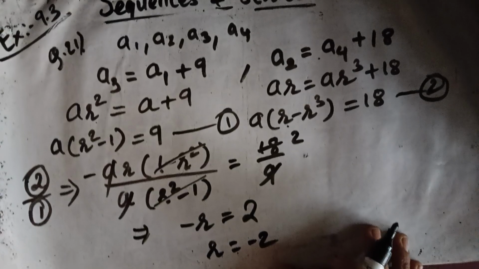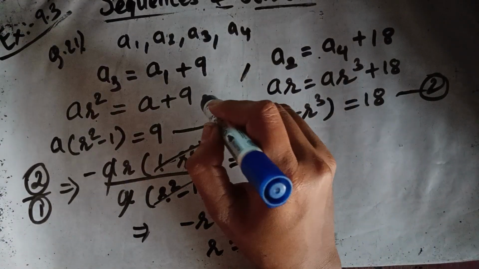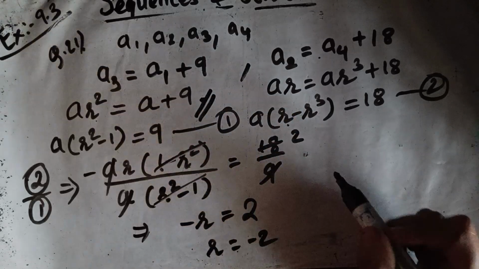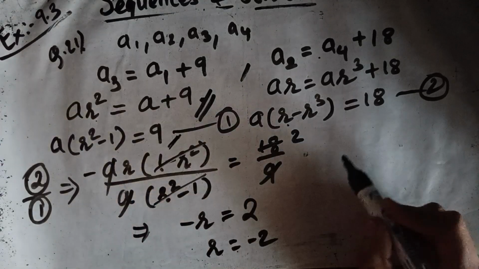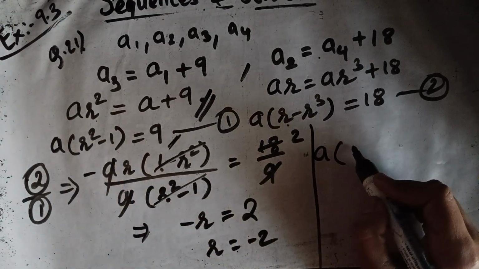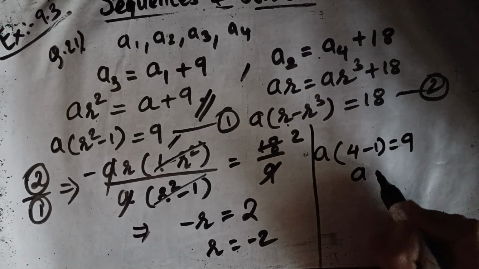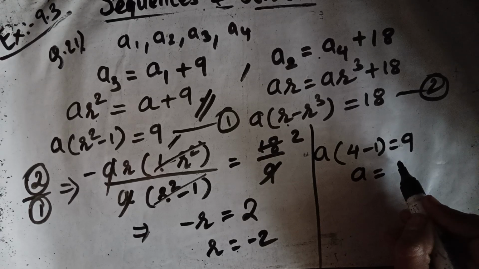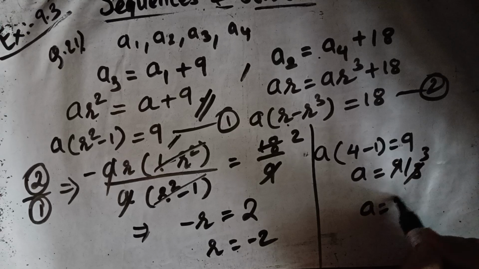Okay, substitute in any one of the equations. So I am substituting in this equation, or this equation 1. 4 minus 1, 3. 9 by 3. So A is 3.